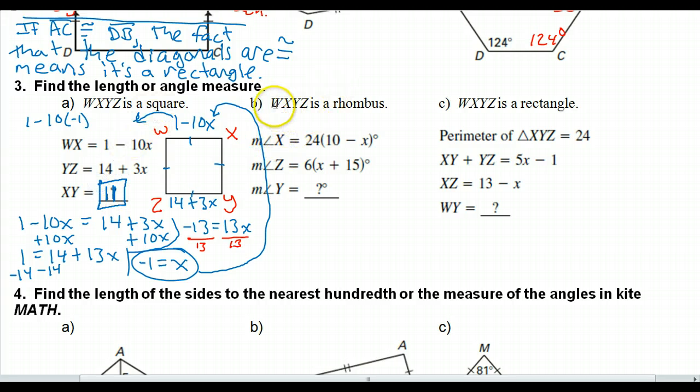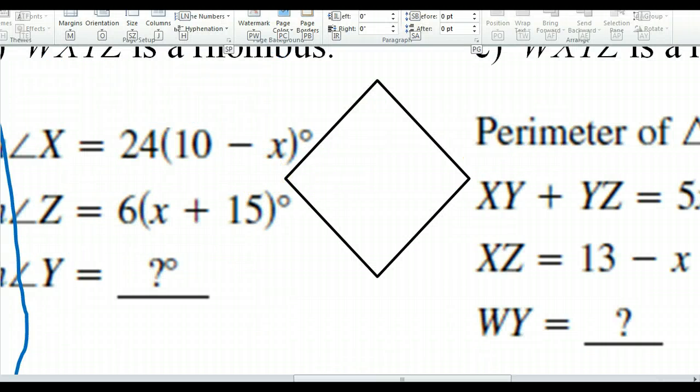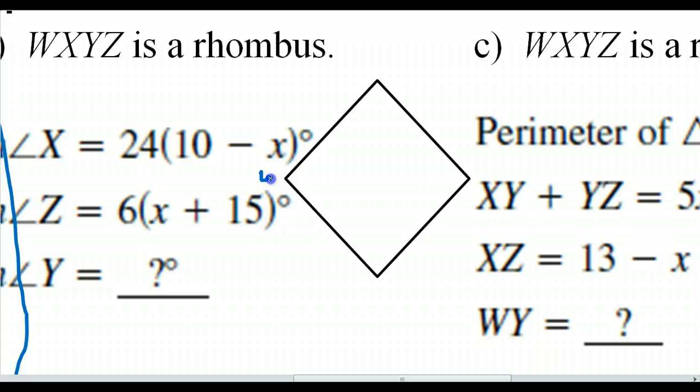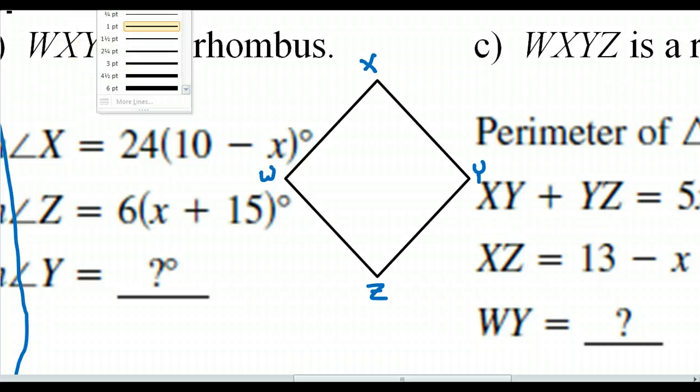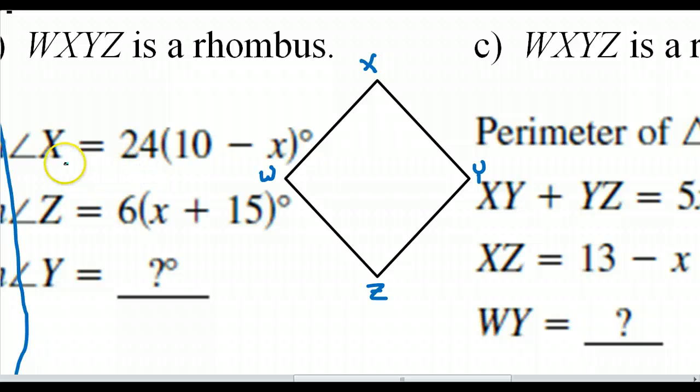Okay, WXYZ is a rhombus. So let's call this WXYZ. Here's my rhombus. Okay, so angle X is 24 times 10 minus x.